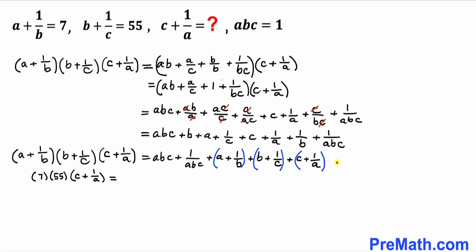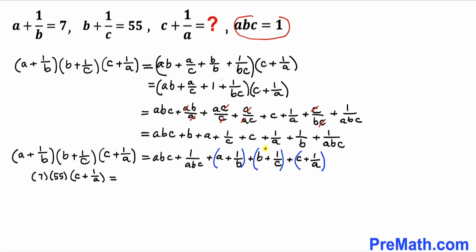now let's focus on the right hand side. A times b times c in our case is 1. Likewise, 1 divided by a b c is 1 as well. And likewise, a plus 1 divided by b in our case is 7, so I'm going to replace this by 7.